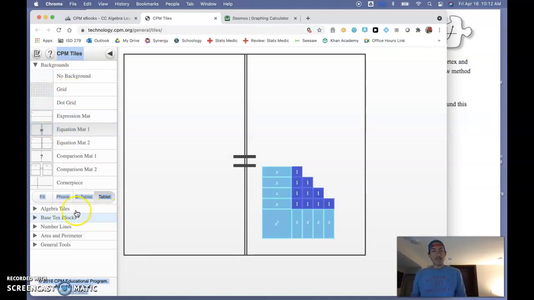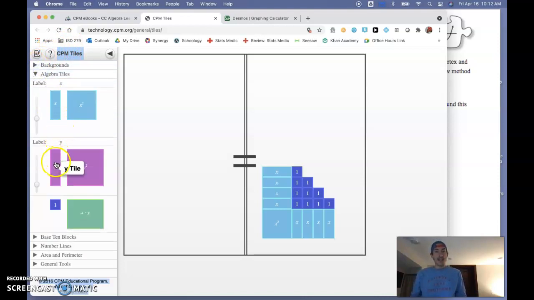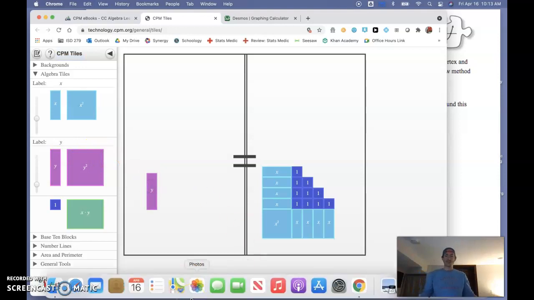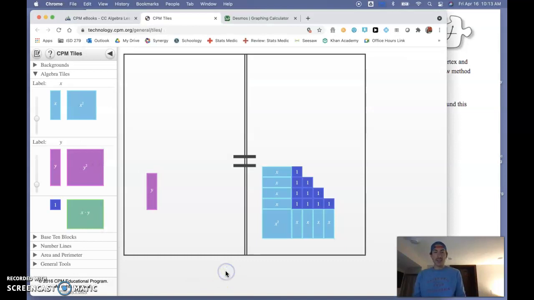Then I'm going to go back to my tiles and put out here a y. You might be saying, Anderson, why are you doing that? Well, that's literally what this says. It says y equals, and then it's got all these tiles on the other side. I've just built exactly what it says in the equation.